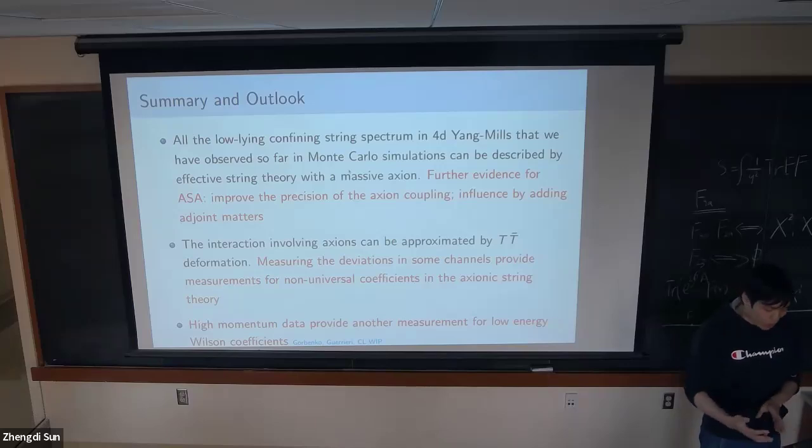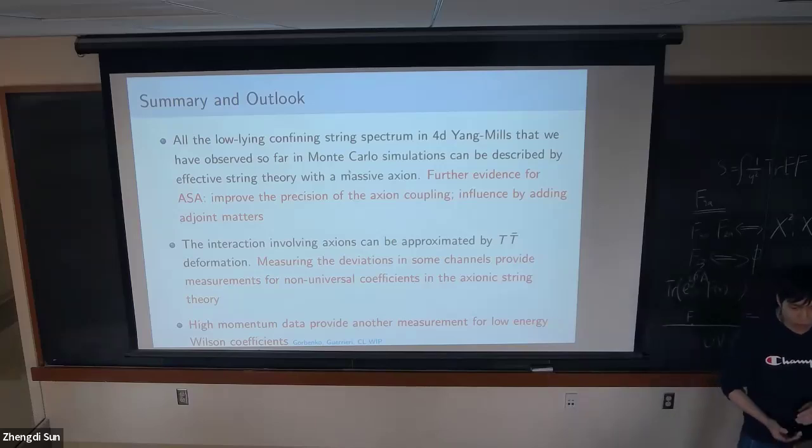The k equals 2 string is harder to analyze because there's a very short window of string length where you can have reliable data. And for SU3, there cannot be additional resonances with k equals 2.